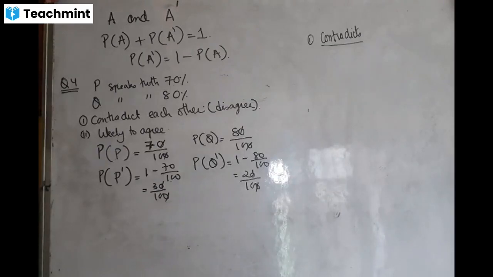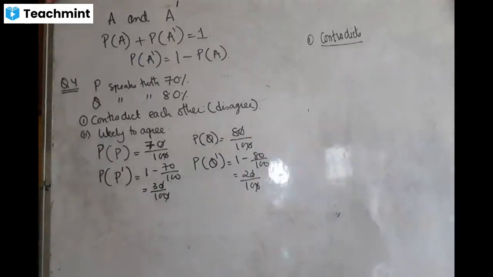So you can have how many cases? Since there are 2 people, we'll have 2 cases. How are these 2 cases? If P speaks the truth, then Q has to lie, or if Q speaks the truth, then P has to lie, because the question wants us to find the probability that they contradict each other in stating the same fact. Is that clear? Contradict matlab disagree.